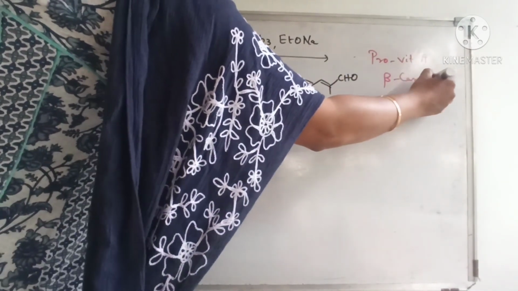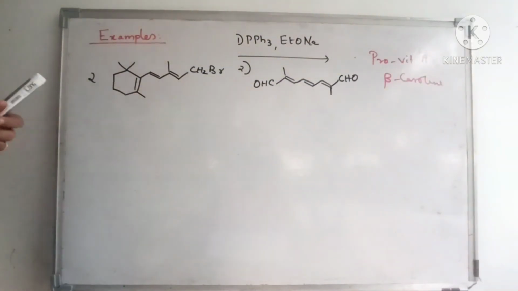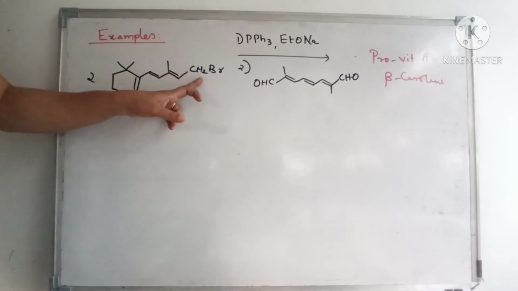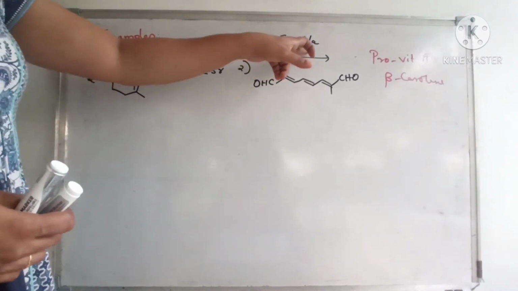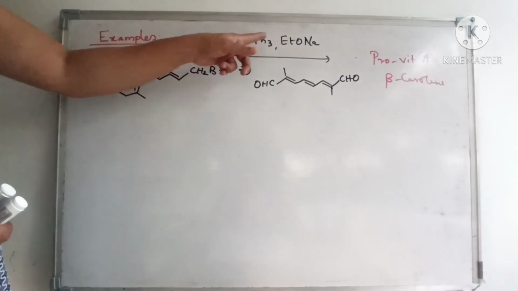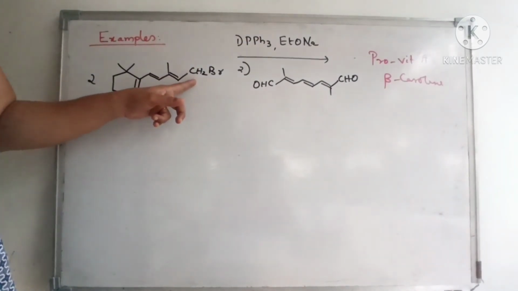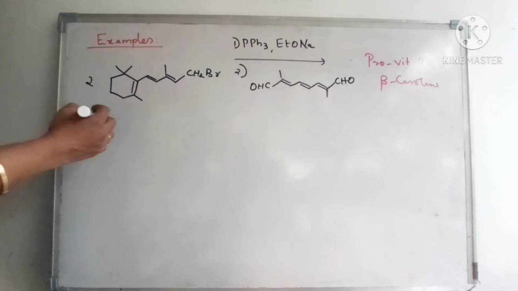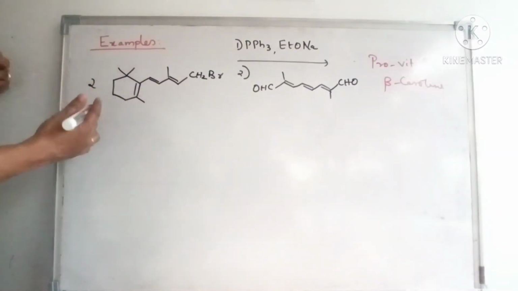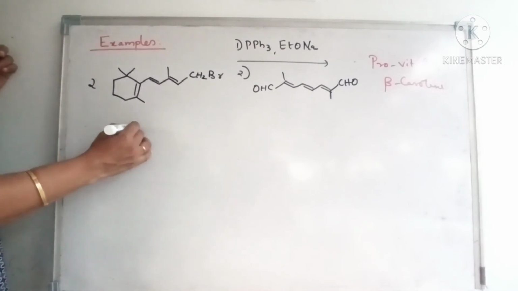Okay, let us see how this is happening. So this is our alkyl bromide, and obviously this is the generation of the phosphorus halide. So you can generate over here. Since there are two aldehyde molecules, we have to generate two molecules of phosphorus halides.